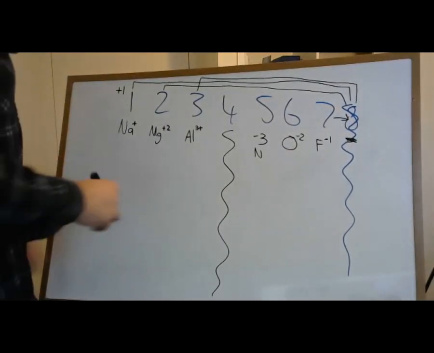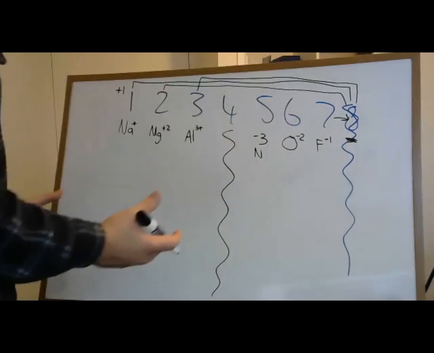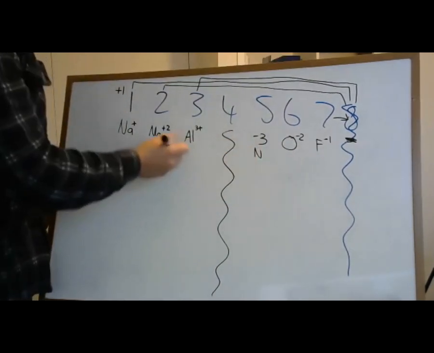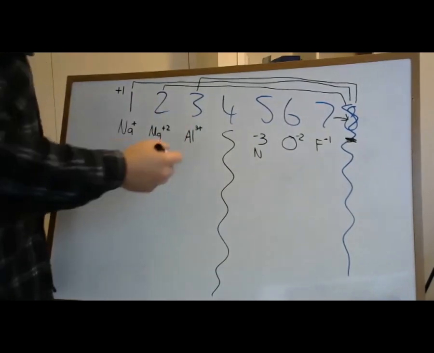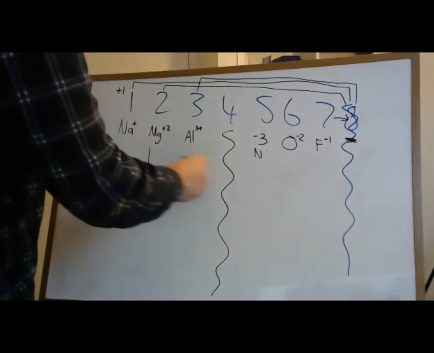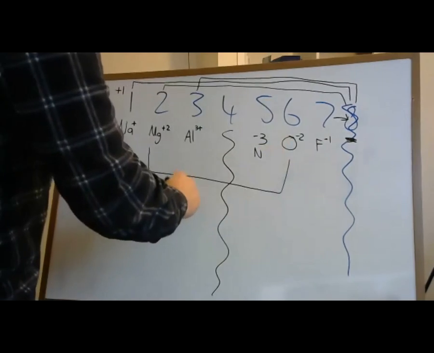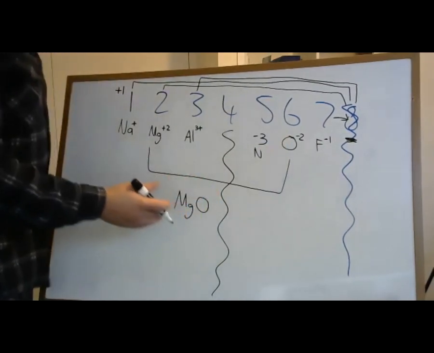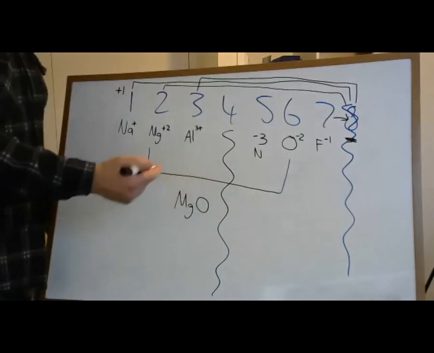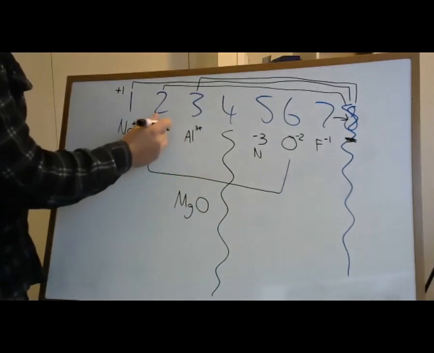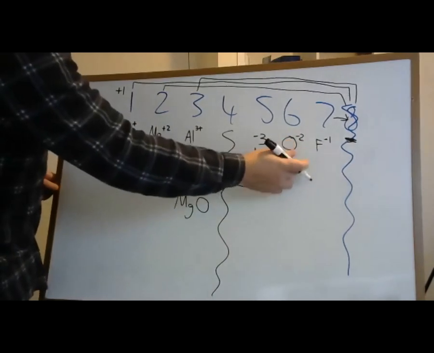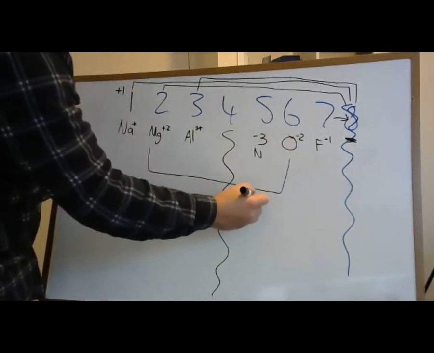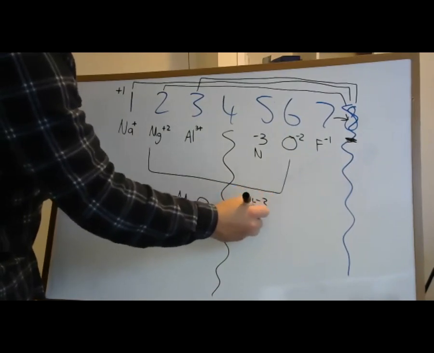So when we look at what reacts with what, all of these charges have to balance out to 0. So magnesium and oxygen: MgO. Because we have +2 here, and over here we have 2 minus. So +2 plus -2 equals 0.